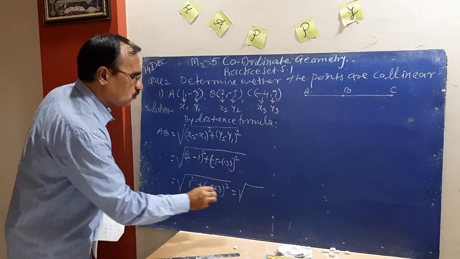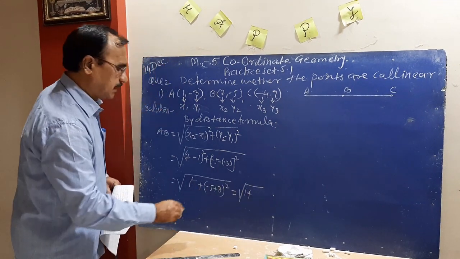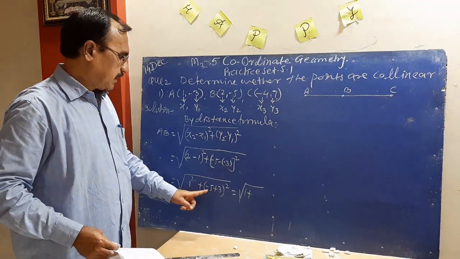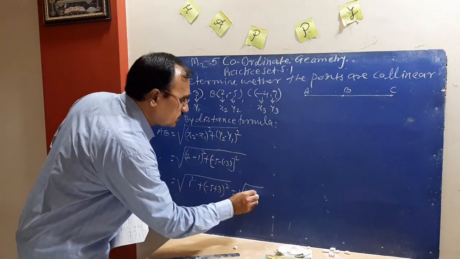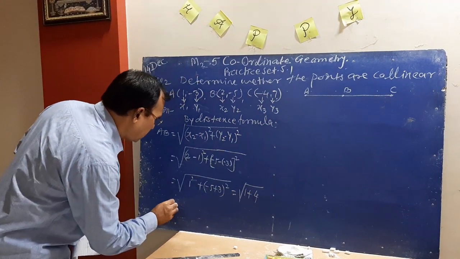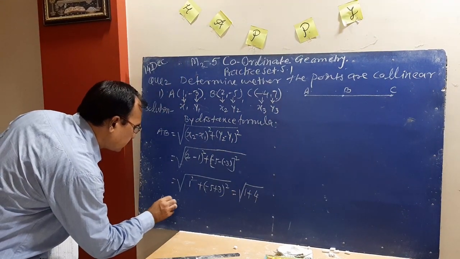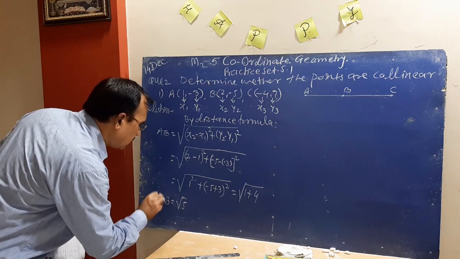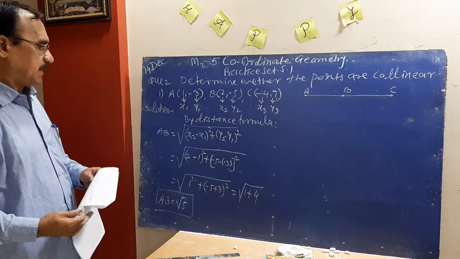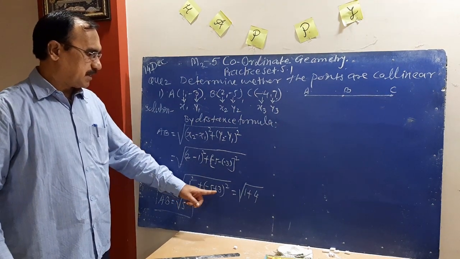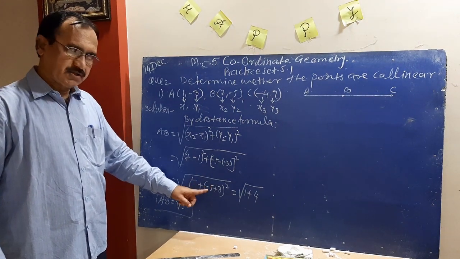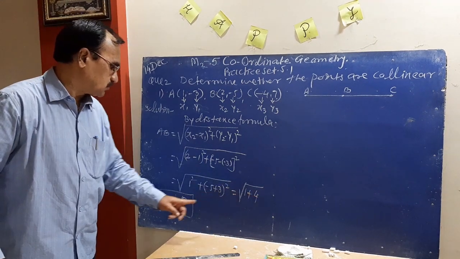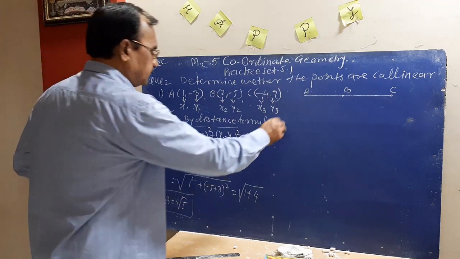The square of 1 is 1, and minus 5 plus 3 is minus 2, and the square of minus 2 is 4. Therefore AB is equal to under root 5, since 4 plus 1 is 5.